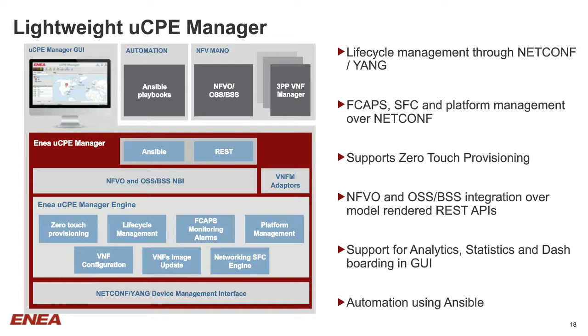If we look at the northbound APIs, we support REST APIs for NFVO and OSS/BSS integration. If you want to do automation, we support Ansible playbooks. And obviously, we also have the UCP Manager GUI as a way of configuring and controlling the platform.